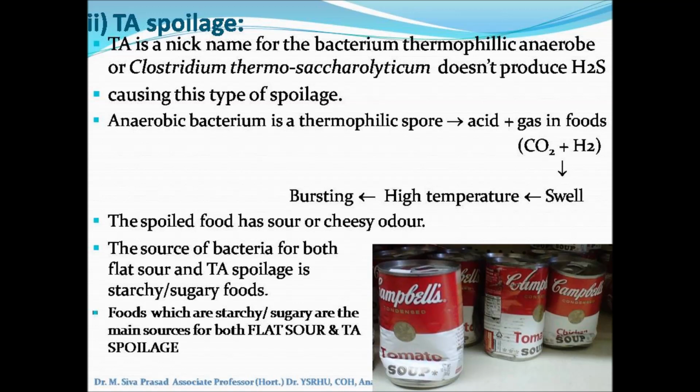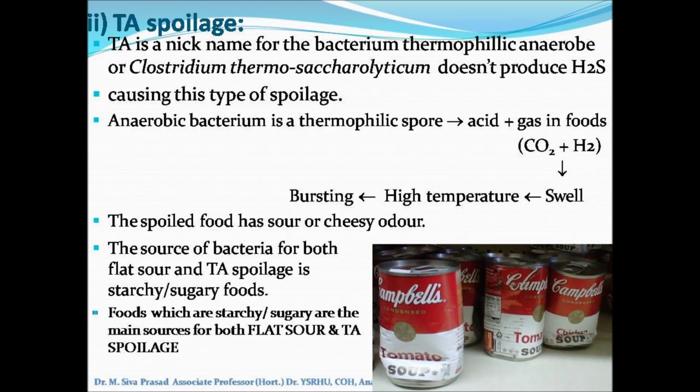Both are thermophilic in nature. In one case you observe swelling, in the other you don't. In one case you see production of acid; in the other, instead, there is production of gas, which upon exposure to higher temperature causes bursting.